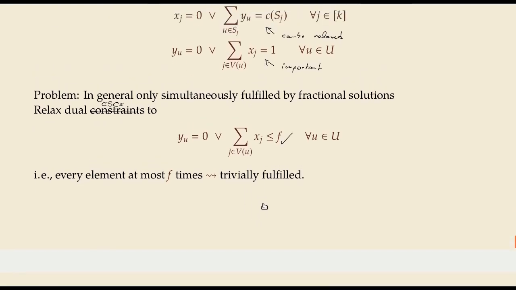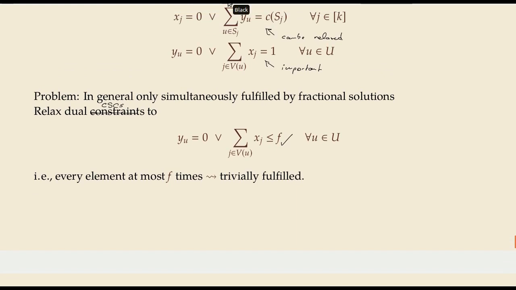Now, how can we turn this into an algorithm? So the idea how to make this is first, we select some y_u where this is not fulfilled, and we increase it until this becomes fulfilled for one of the sets.